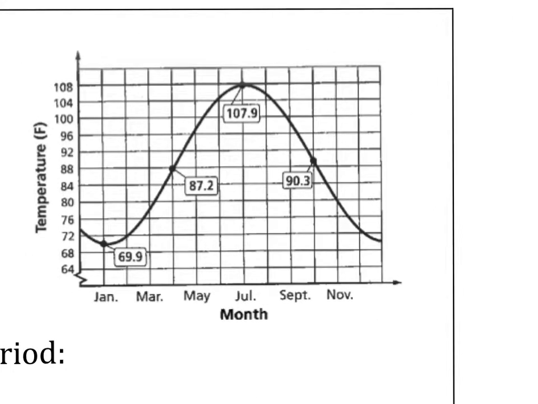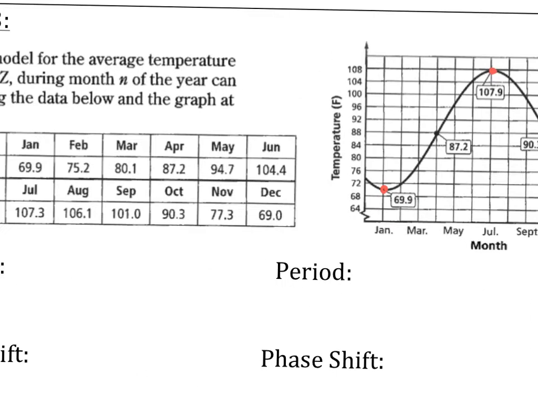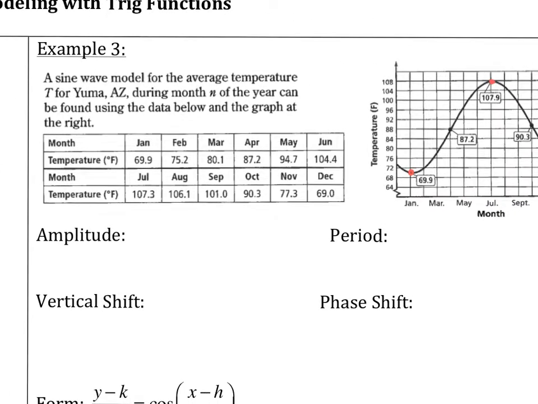So first thing here, this looks to be the lowest. This looks to be the highest. So I can find the amplitude by subtracting 69.9 from 107.9, and then dividing by 2.